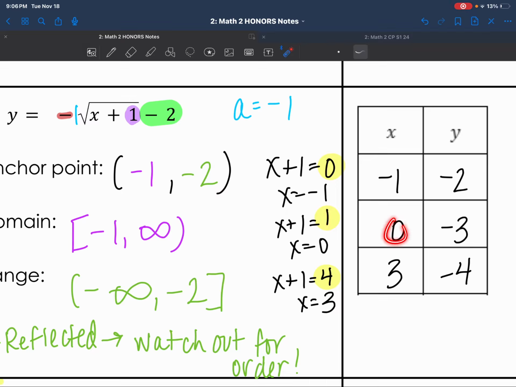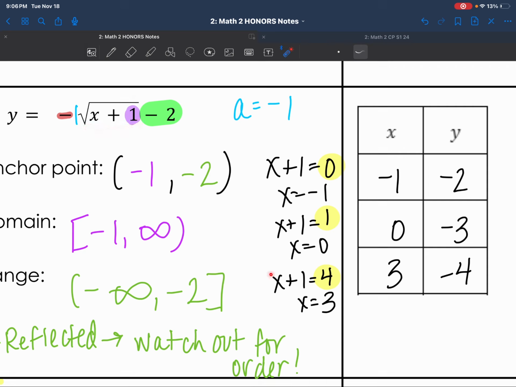So in that case, when you make x 0, you'll get 1, the square root of 1. So then do square root of 1 times -1 minus 2, you get -3. And then here we need to think, what do I need to put for x to get this part to equal 4?